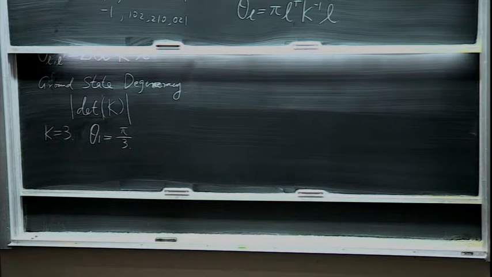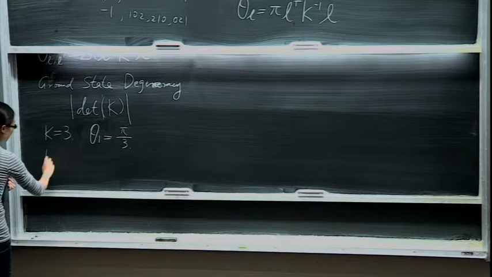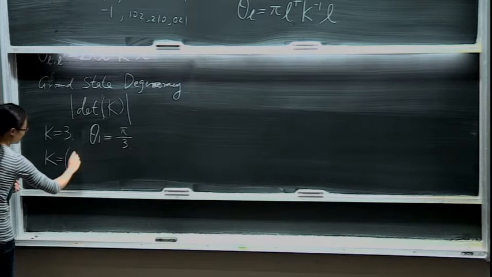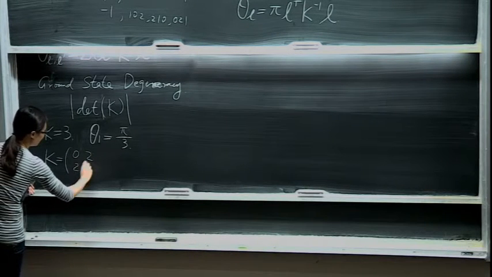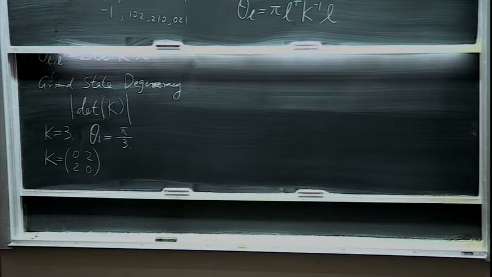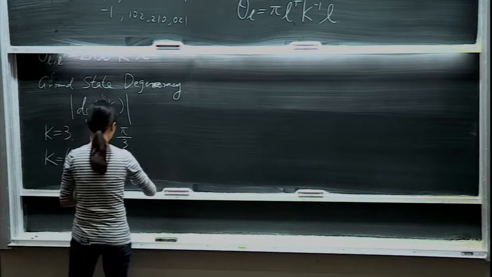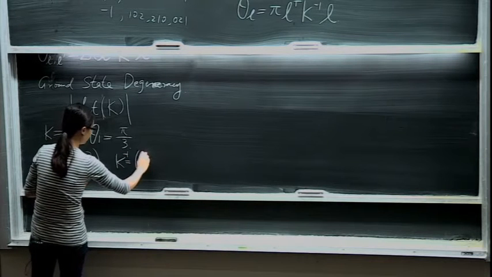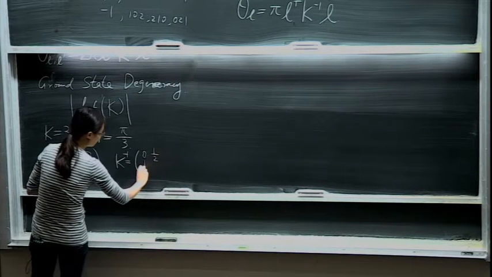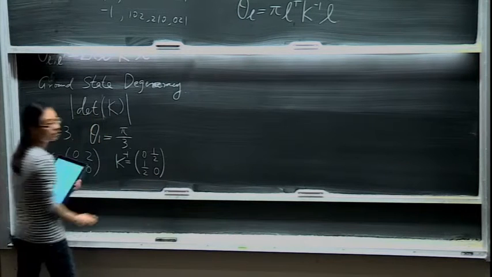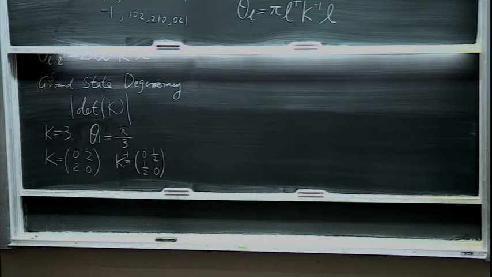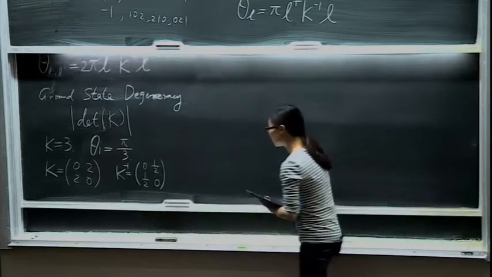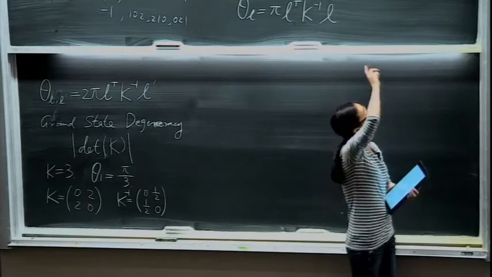And of course, the other topological order which we talk about a lot is toric code. For toric code, we need two components of gauge fields. And the K matrix is 0, 2, 2, 0. And we can see why that is the case. First, we calculate the inverse of K, which is 0, 1/2, 1/2, 0, right? And then we take the elementary integer vectors.